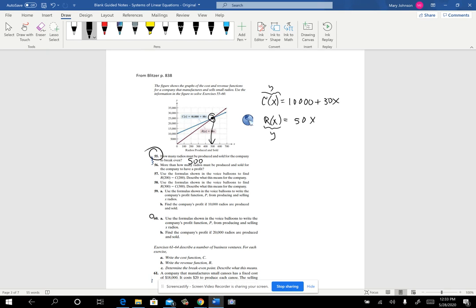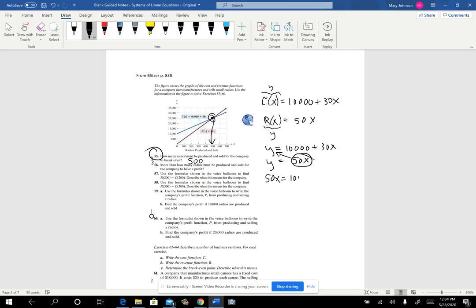We have 10,000 plus 30x as my cost, and 50x as my revenue. The R of x and the C of x, that's like your y, that's like your dollars, right? So we're looking for where those are equal. So we could use substitution.